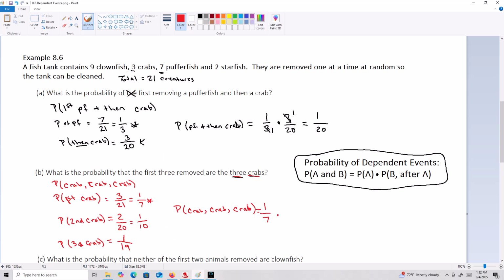And then that equals 1/7 times 1/10, and then finally times 1/19. 10 times 19 is 190, times 7. That is a chance of 1 out of 1,330 times. You'll be there a while to get this to pan out for you. 1 out of 1,330.